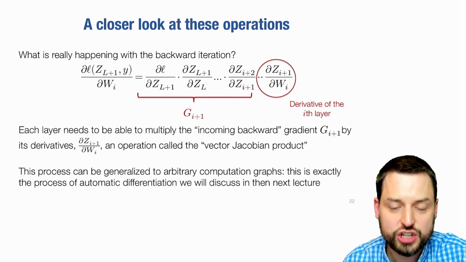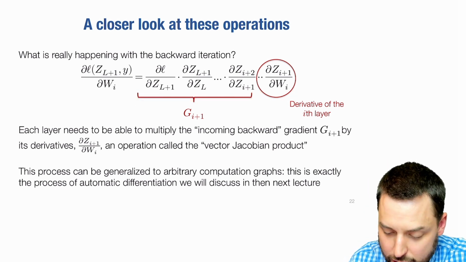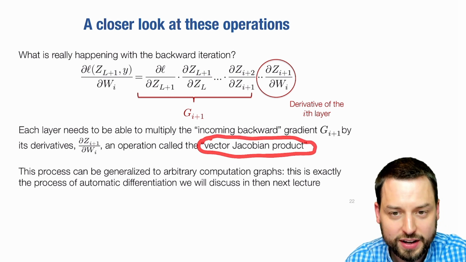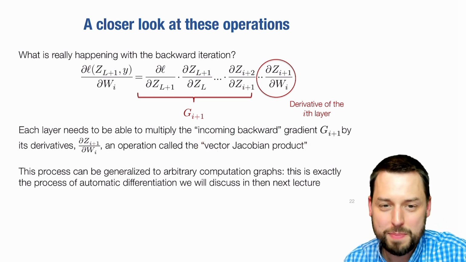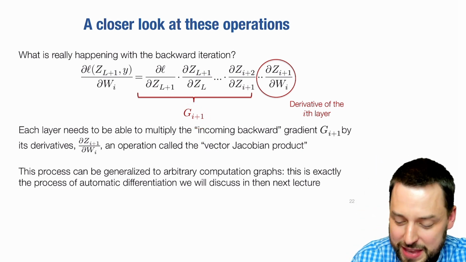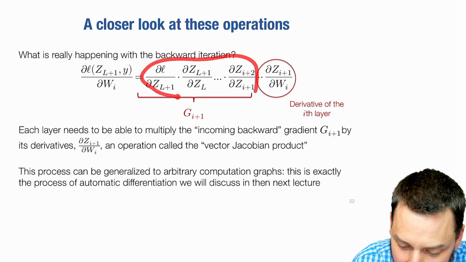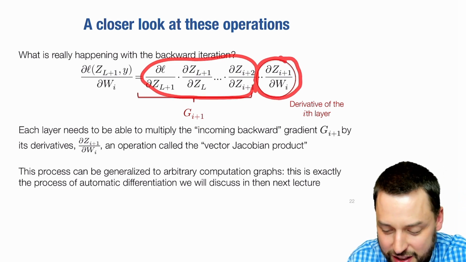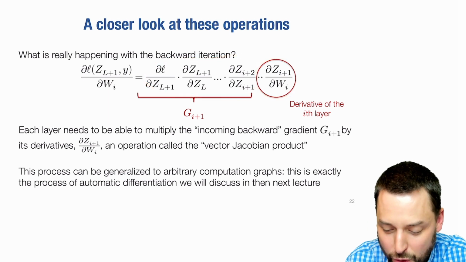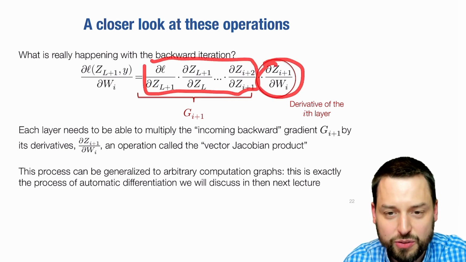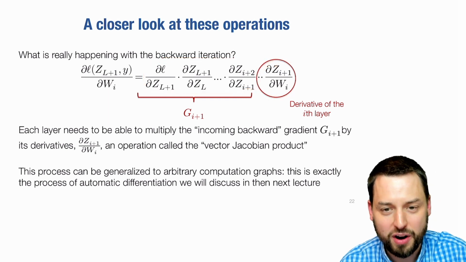In fact, this is such a common thing that it has its own name, an operation called the vector Jacobian product. That term is actually quite misleading because Gi in reality is not actually a vector, but what that really means is if you think of this whole thing as a vector, and you think of this thing in multivariate calculus as what's called a Jacobian, this operation, multiplying this thing by this thing, is what's called a vector Jacobian product.